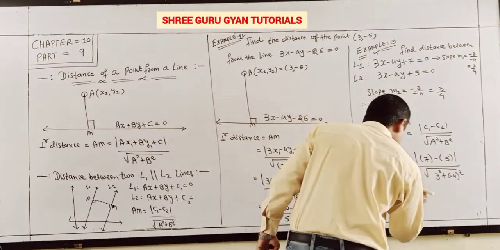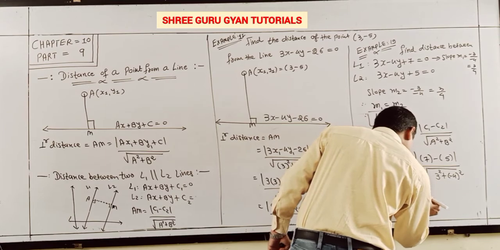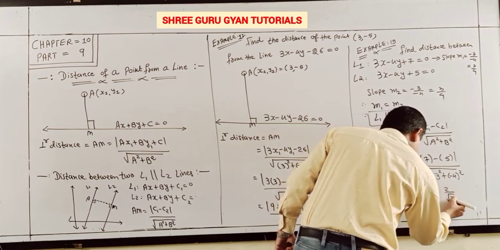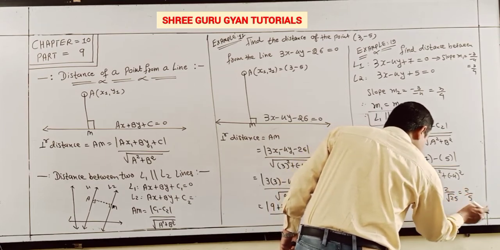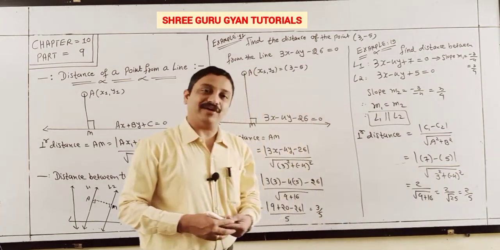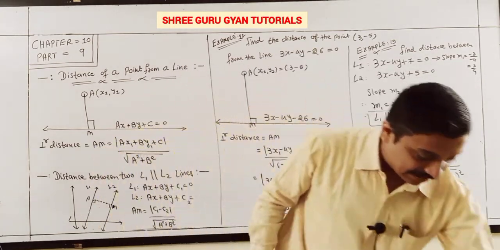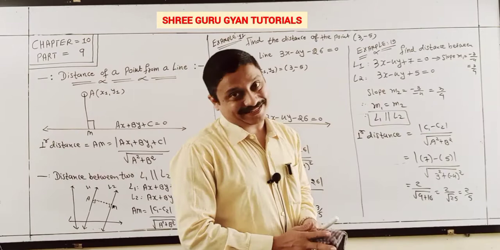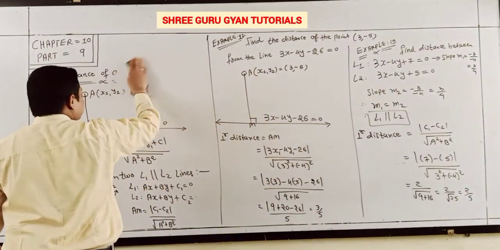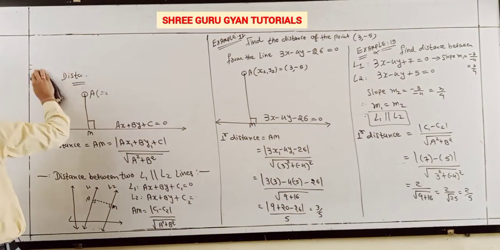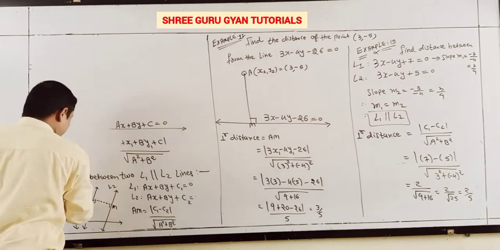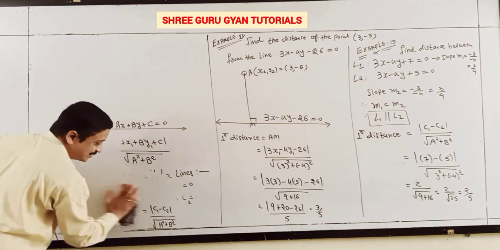So it is 2 by under root 9 plus 16, which is 5. So your answer is only 2 by 5. Now students, I am going ahead. After example 19 our exercise continues. Now I am moving to the easier exercise questions.